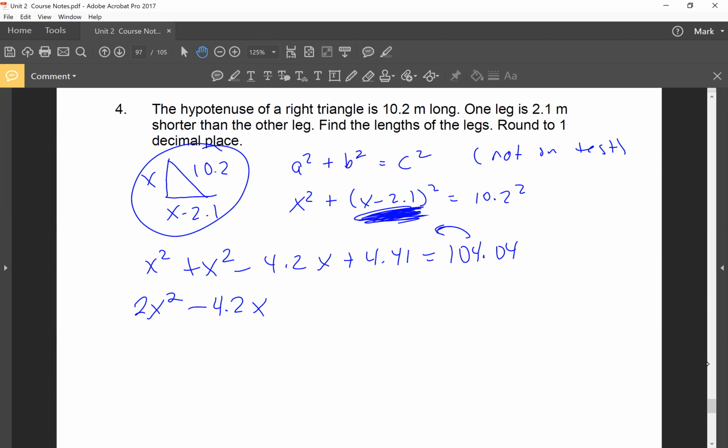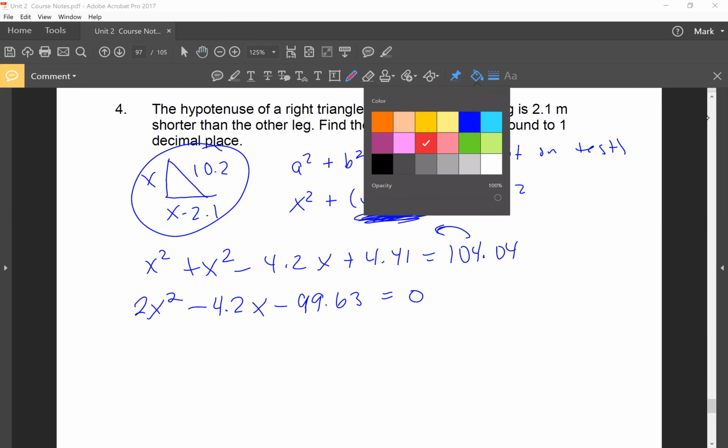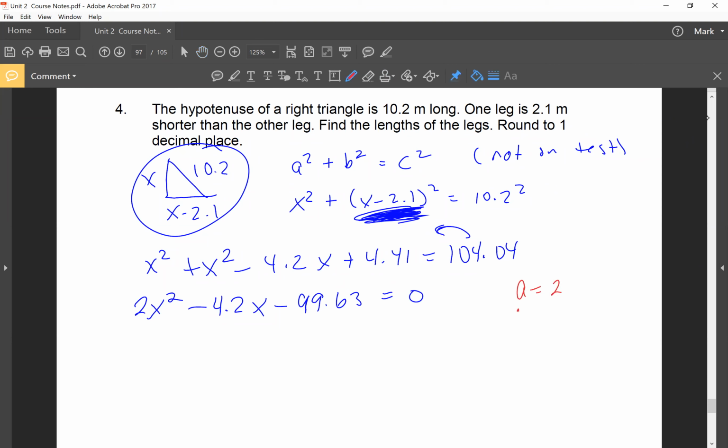So this becomes 4.41 minus 104.04, so I get negative 99.63. Okay, so A is 2, B is negative 4.2, and C is negative 99.63.